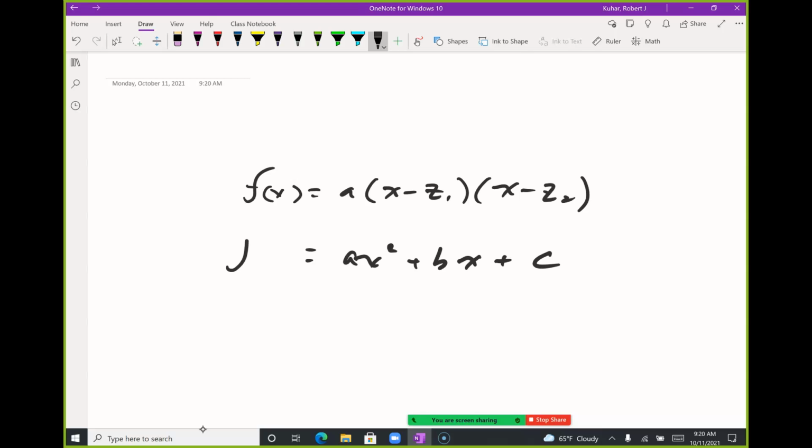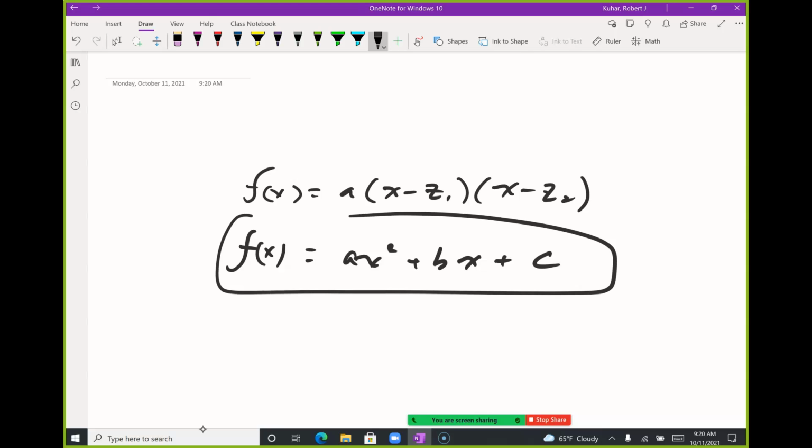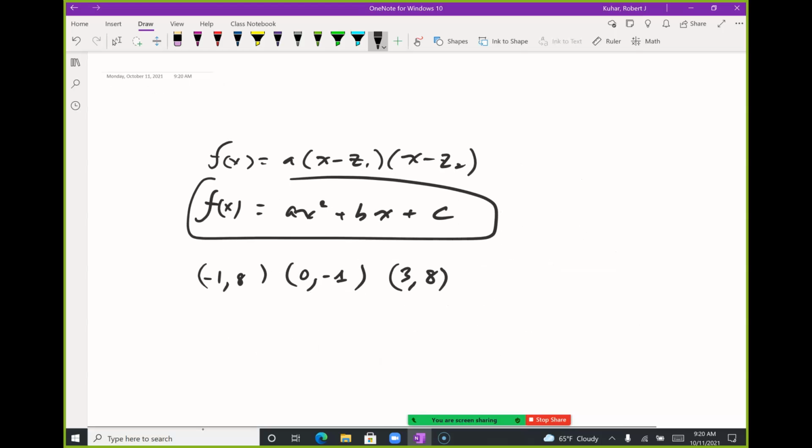So one of those two, but guess what? It's the second one because they gave me 3 points: negative 1, 8; 0, negative 1; and 3, 8. So I have to use the standard form. If they give me zeros, I use the factored form. If they give me points, I use the standard form. If they give me a vertex, I use the vertex form.